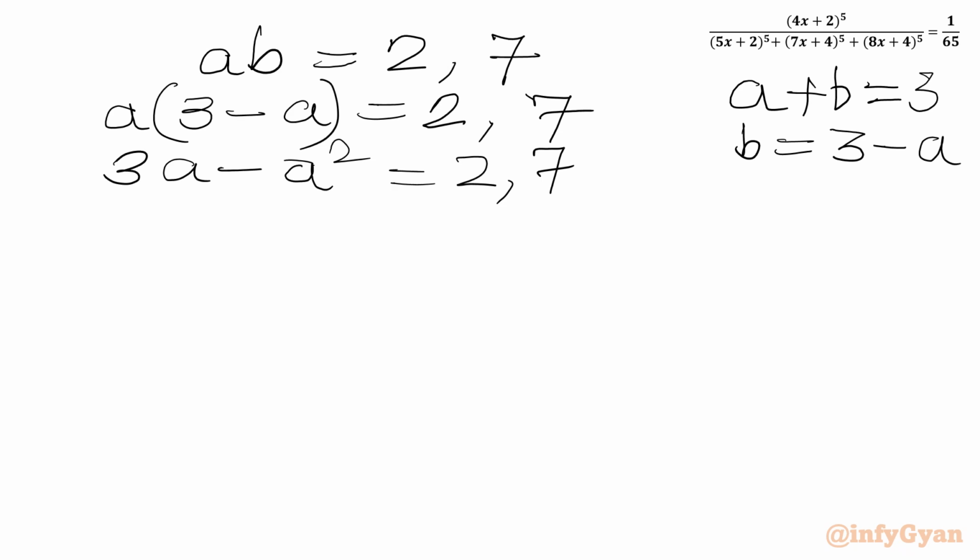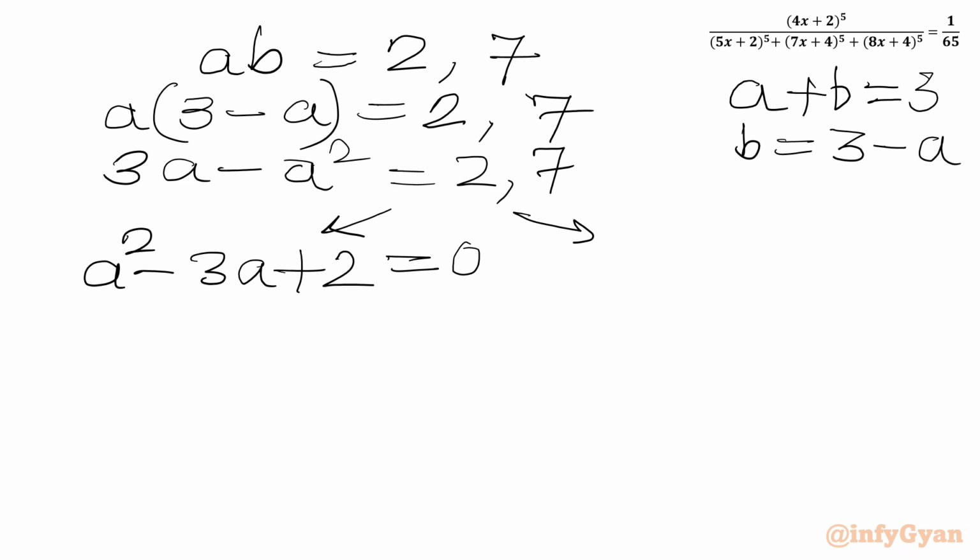Now we will take all the terms to RHS. We will get two quadratic equations. Equation 1 would be a square minus 3a plus 2 equal to 0. And second equation will be a square minus 3a plus 7 equal to 0.